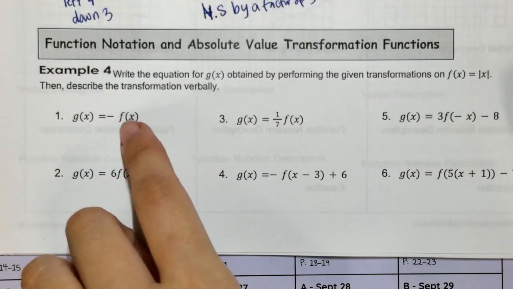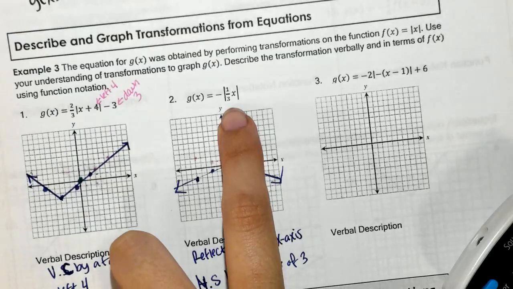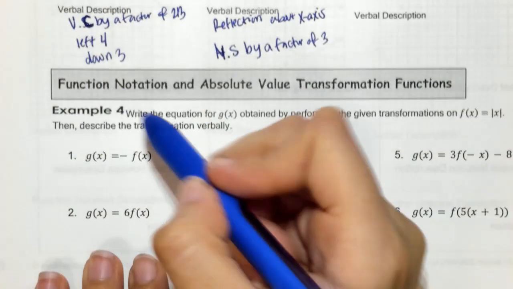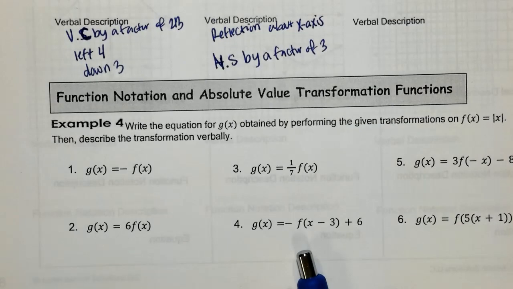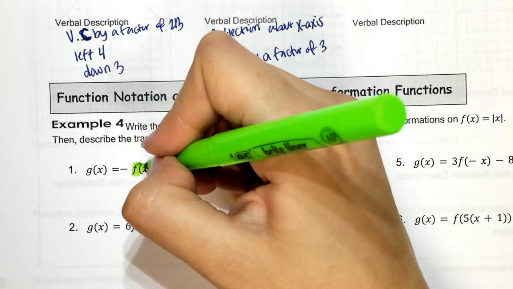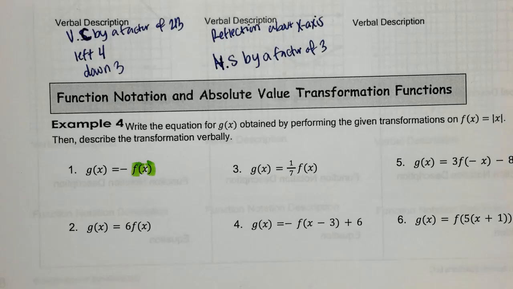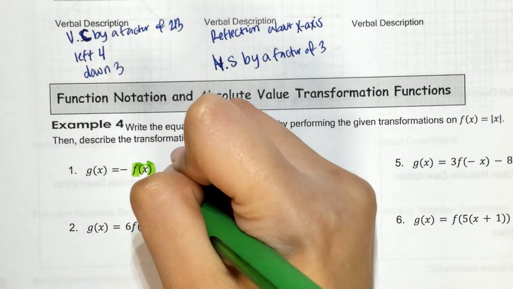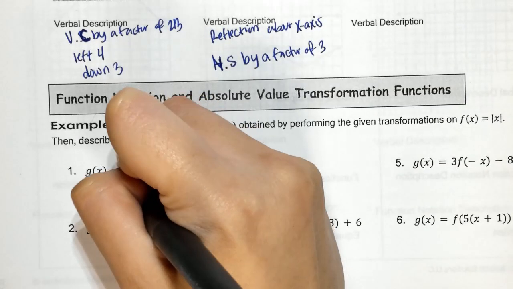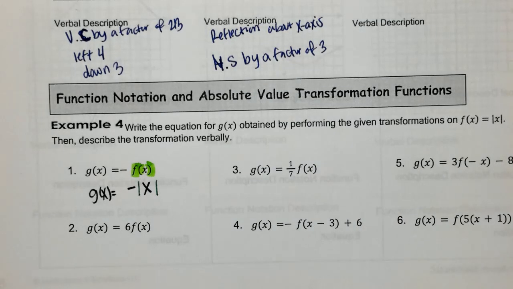So you might have noticed sometimes you have parentheses and sometimes you have the absolute value bars. So all we have to do is where there's an f of x, the f of x will get changed into absolute value bars. And everything else will stay the same. X, negative, g of x. Same thing here.